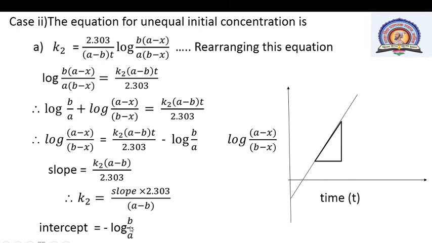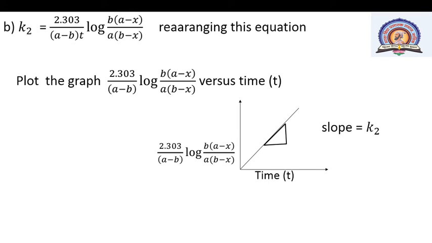Then another graph. k2 is equal to 2.303 divided by (a minus b) into t, log of b into (a minus x) divided by a into (b minus x).